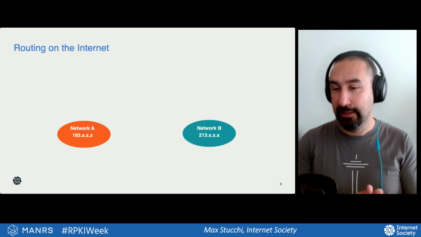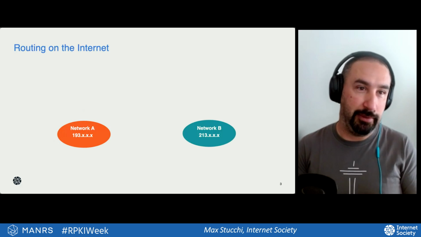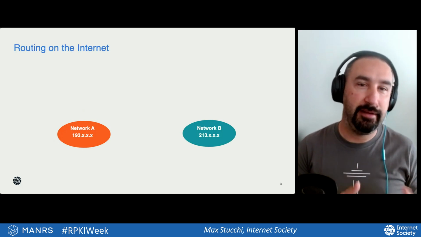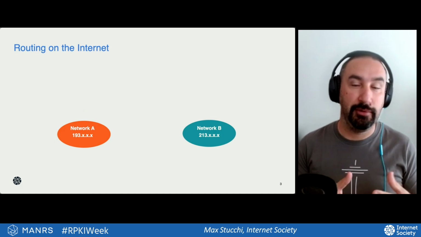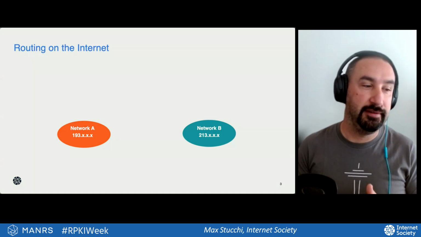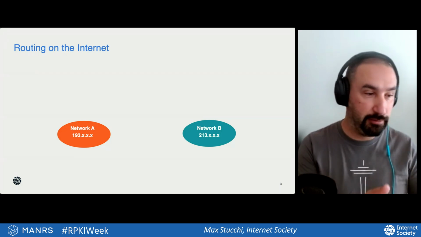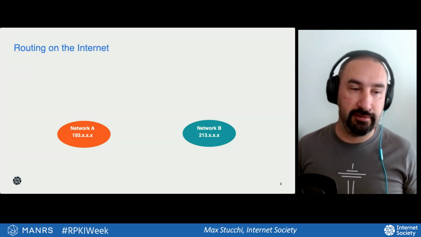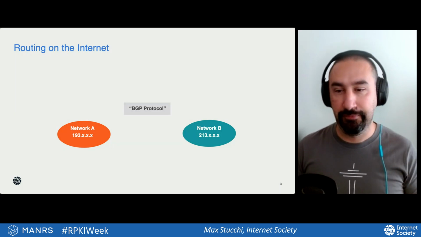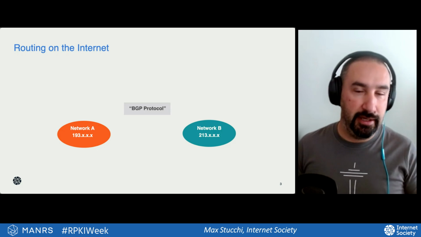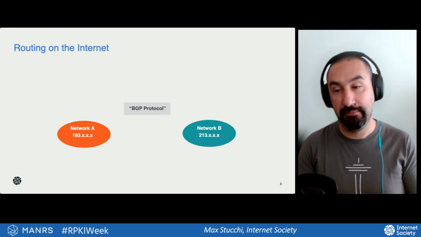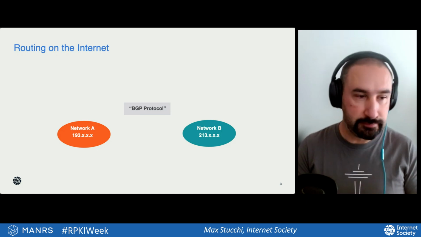So before we go into RPKI, we have to look at what the problem is on the internet. We have 2 networks in this example, and the 2 networks normally on the internet, they speak BGP. BGP is the fundamental protocol that keeps the internet together. It's a very simple protocol.